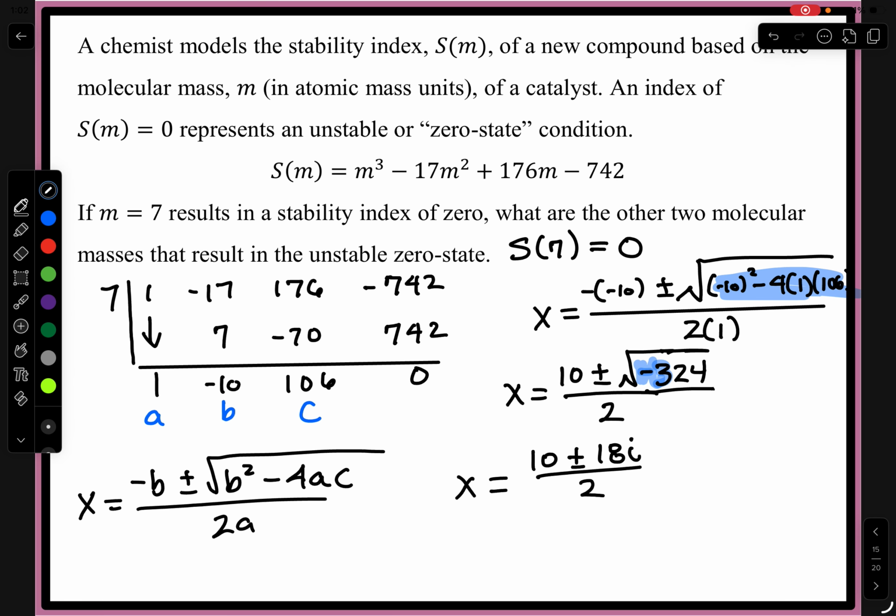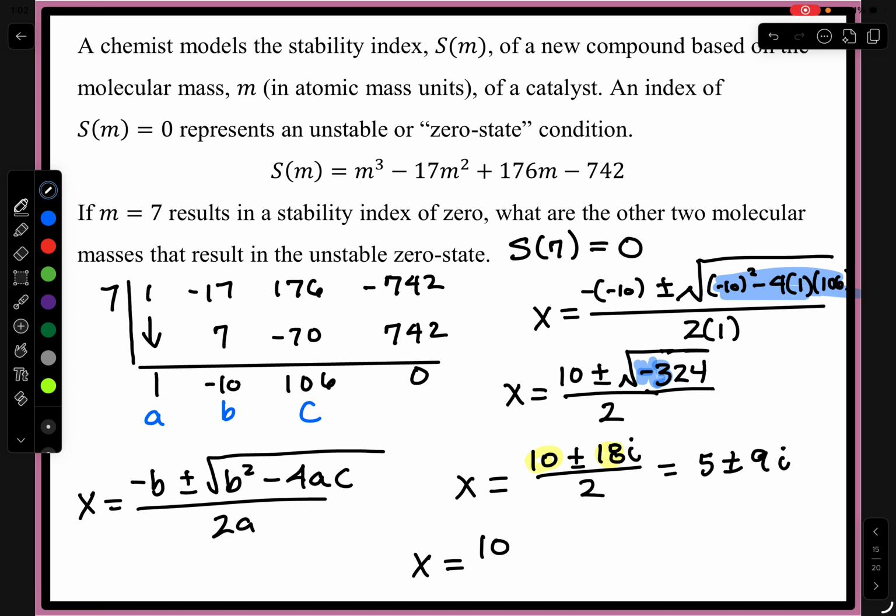And since both of these numbers are divisible by 2, 10 is divisible by 2, 18 is divisible by 2, 5 plus or minus 9i would be the answer. And of course, there are two solutions, because one solution is plus, so 5 plus 9i, and the other solution is 5 minus 9i.